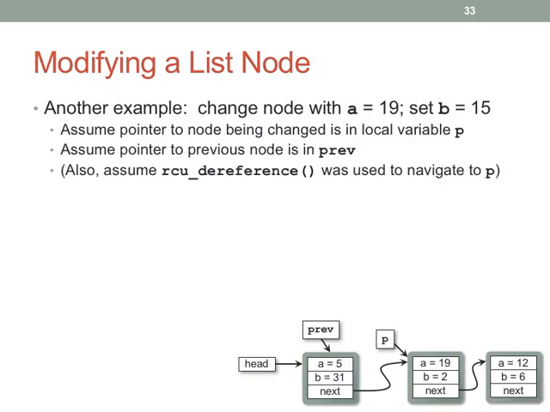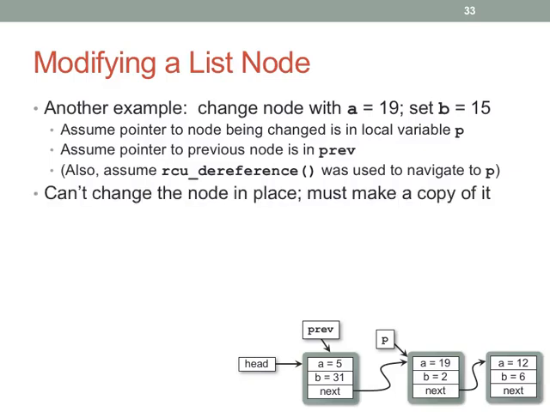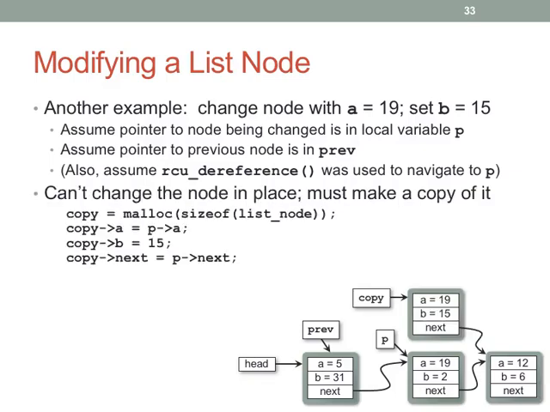Now, the challenge here is, remember, this is read, copy, update. So if we want to change that node, we can't just change B to 15, even though probably it would be atomic. We have to actually make a copy, make our changes to the copy, and then publish those changes. Okay? So we do the steps like we did before. Copy equals malloc, copy A across, set B to 15, and then set up the next pointer.